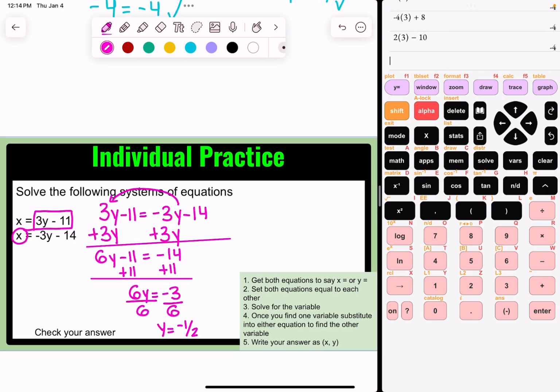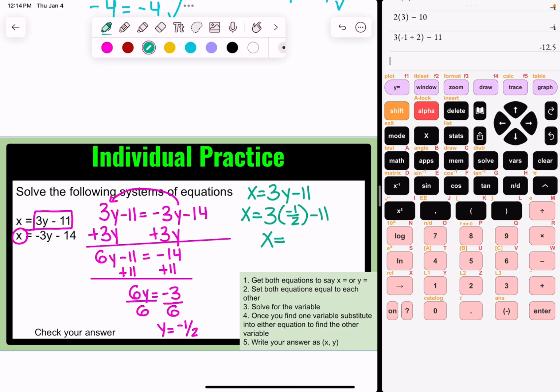Now we need to find what x equals. So I'm going to go to the first equation. Doesn't matter which one, I just go to the first one, which is x equals 3y minus 11. So x equals 3, instead of y, I'm going to put -1/2, minus 11. So I have x equals 3 times -1/2 minus 11.